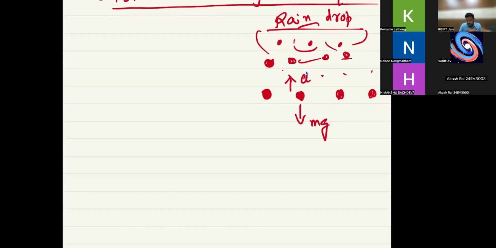So when these two forces are equal, the raindrop reaches a certain constant velocity, and you can say this is in dynamic equilibrium.